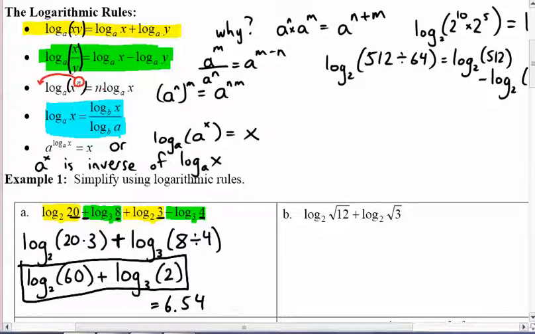Okay, so for part B, I'm adding the 2 logarithms, so I'm going to use the product law. And because they're both base 2, then I can write these 2 separate logarithms as one log. What do I put in the brackets?